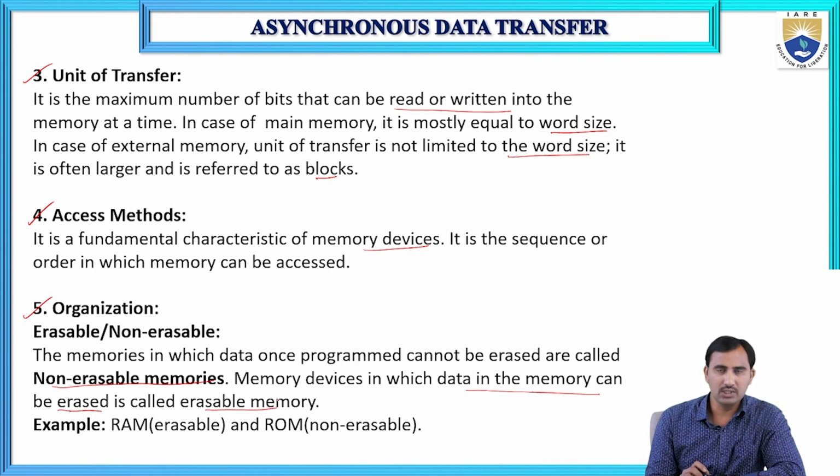That means using erasable memory, we can write the program and we can erase it, so we can perform these operations several times. But in non-erasable memory, once the user has programmed the memory device, the user is not allowed to erase the data. Examples are RAM and ROM. RAM is erasable and ROM is non-erasable.